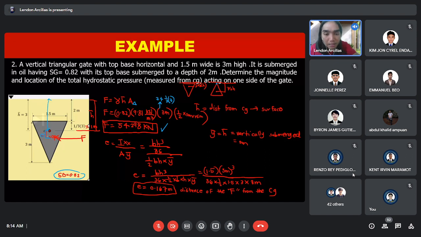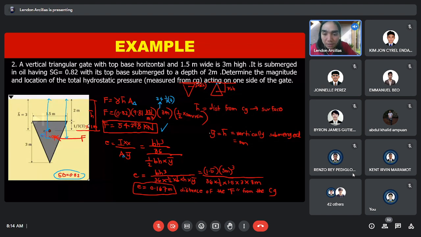So, to find E, that is IG or the IXX or the inertia at the centroidal axis over the area of the triangle times the Y bar. So, ang Y bar natin is equal to H bar since siya ay vertically submerged. Okay, so that is just the surface to the centroid. Ganun lang din.